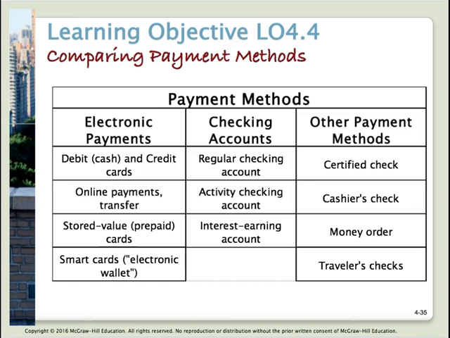Some of the different types of electronic payments: we've talked already about debit cards and credit cards, and most retail stores, restaurants, and other businesses accept the check cards, Visa and MasterCard, and the debit cards. You can use your debit card with a signature like a credit card, or you can use a PIN, personal identification number, like at an ATM machine, that's attached to your debit card.